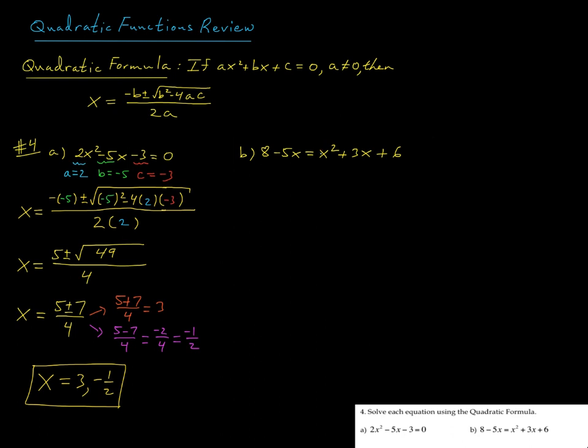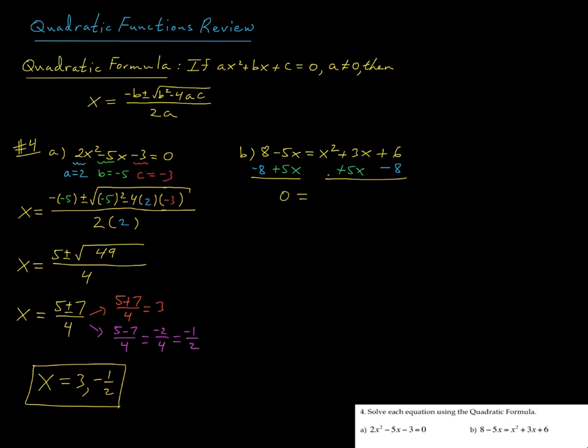Now I prefer the coefficient of x squared to be positive, so I'm just going to leave the x squared over here on the right as it is. I'm going to add 5x to both sides, and then I'm going to subtract 8 from both sides. So this is just to write the equation in this above form.